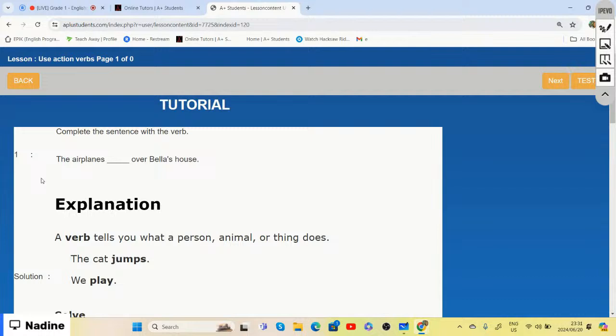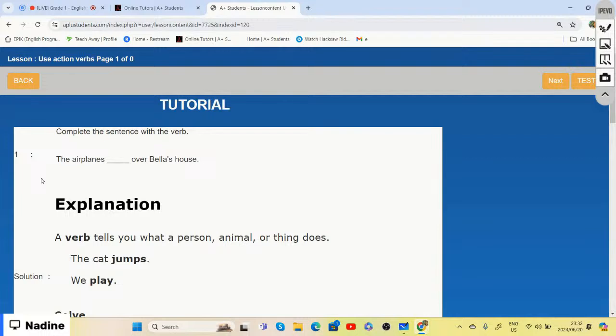All right, so it says we need to complete the sentence with the correct verb. And before we continue, we see that a verb tells us what a person, animal, or thing does, right? It shows the action.